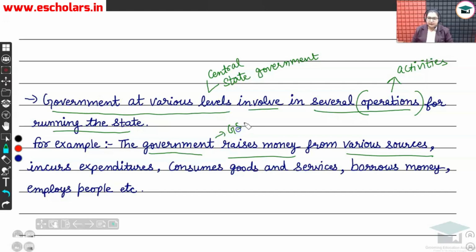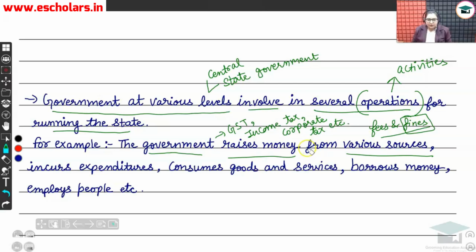Like GST, income tax, corporate tax, etc. Also, the government raises the money in the form of fees and fines which is charged from the public. For example, the government charge the admission fee, OPD fees, right, etc. And also the government levies the fines on the lawbreaker, or you can say penalties on the lawbreakers, right?